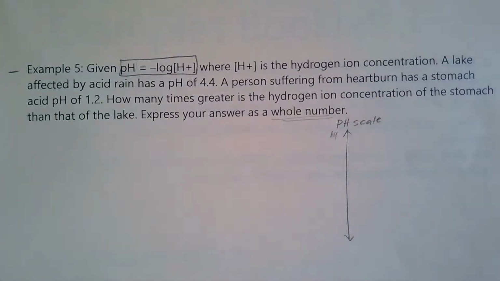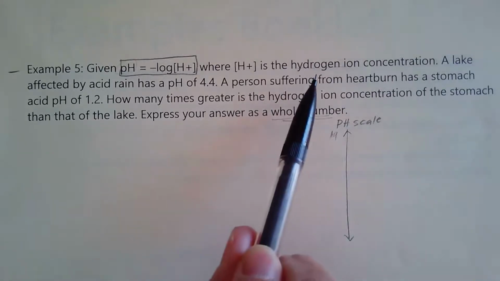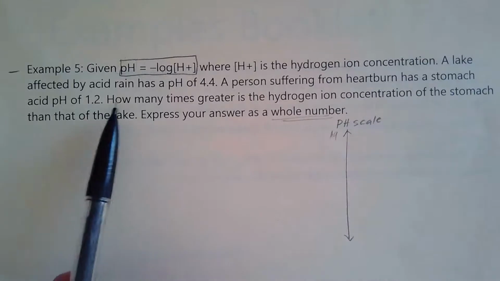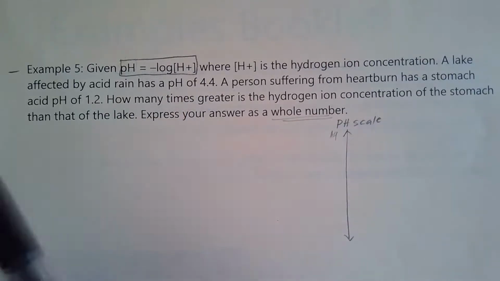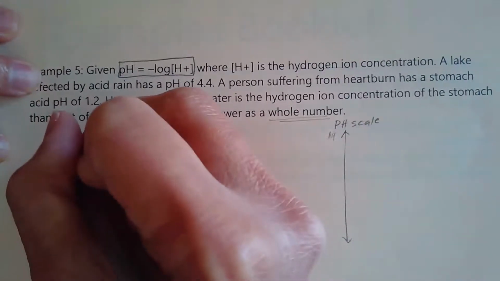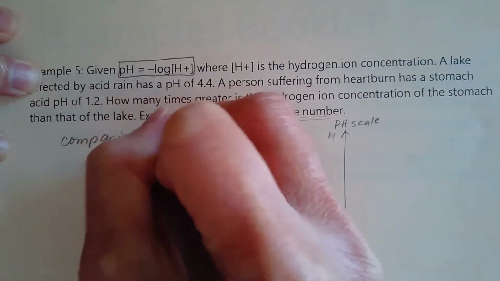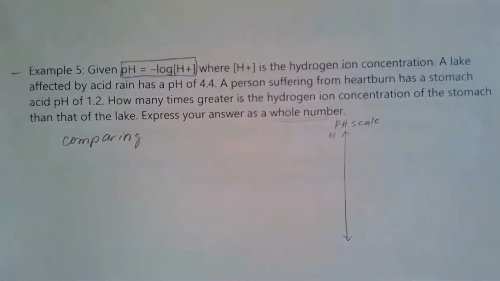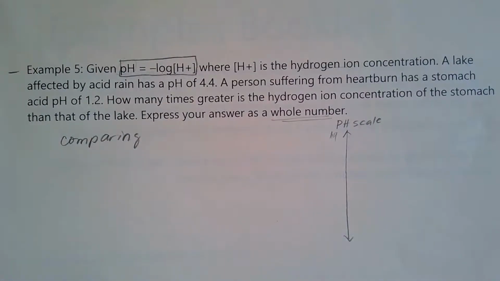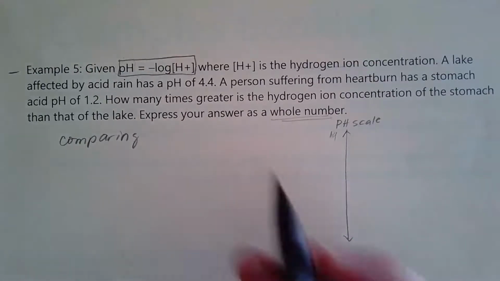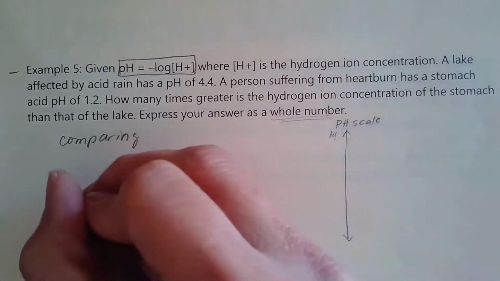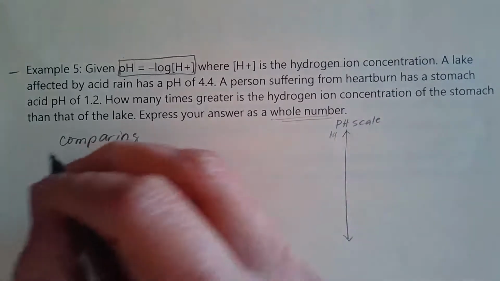In this particular case, we are comparing two different things: the hydrogen ion concentration of the lake, and of the stomach acid. Because we are comparing, we could just do the ratio.